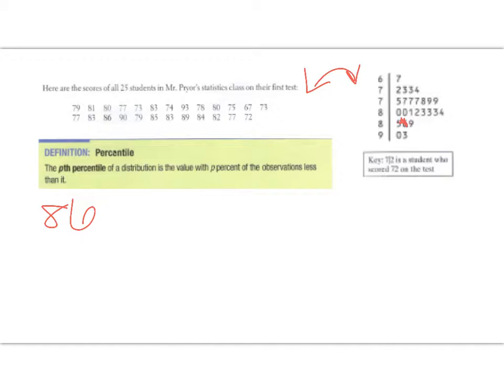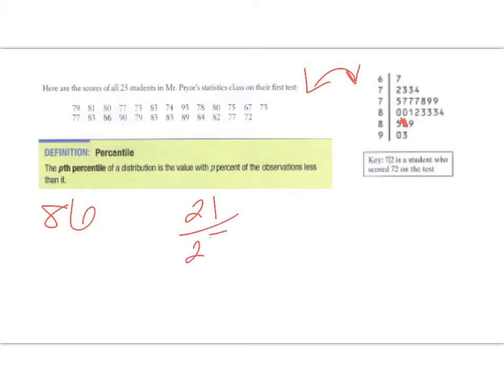So if you look at where she stands, 21 of the students out of 25 have a lower score than her. She is student number 22. And then we've got 23, 24, and 25 at that 89, 90, and 93 above her. But 21 out of 25 observations are lower than hers.